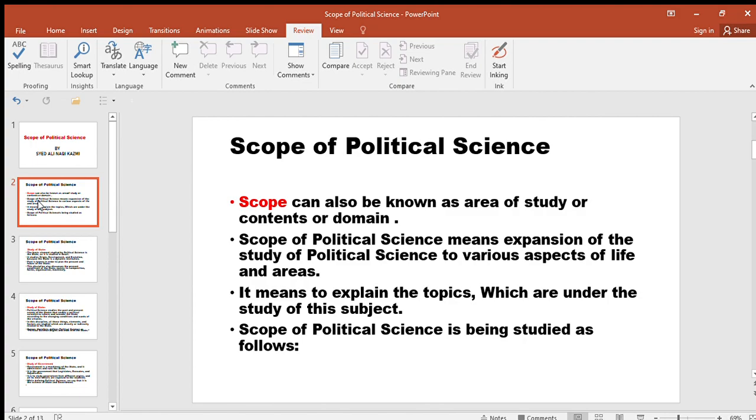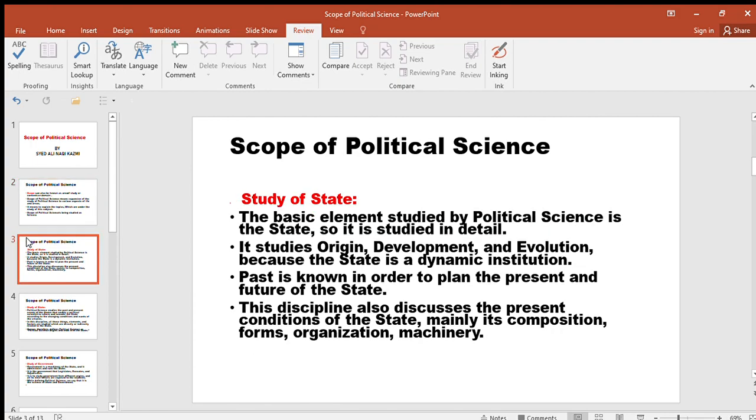The scope of political science is being studied as follows. Study of state. The basic element studied by political science is the state, so it is studied in detail.